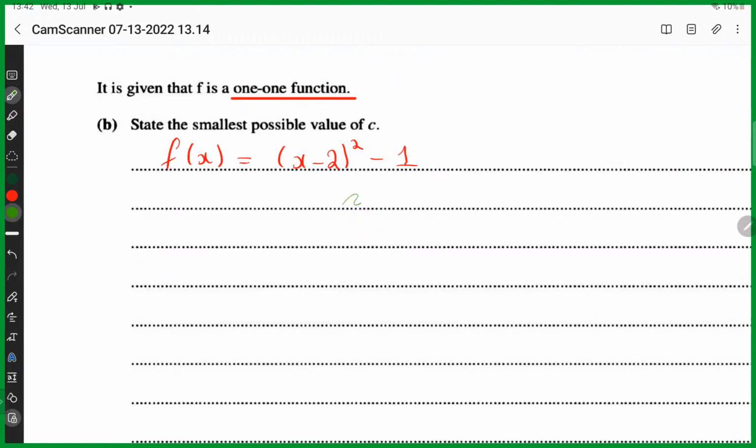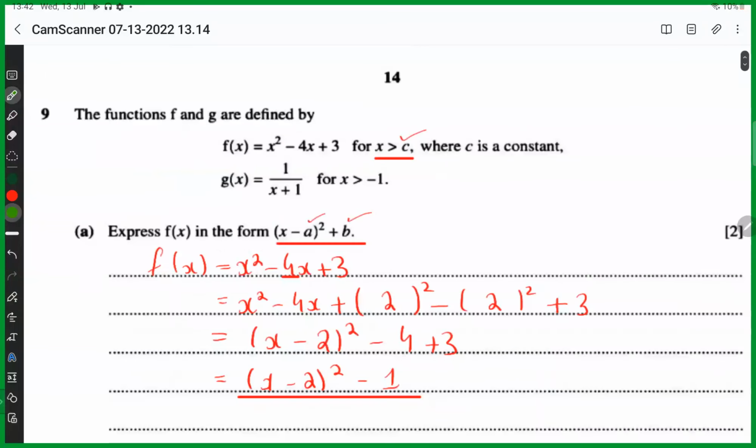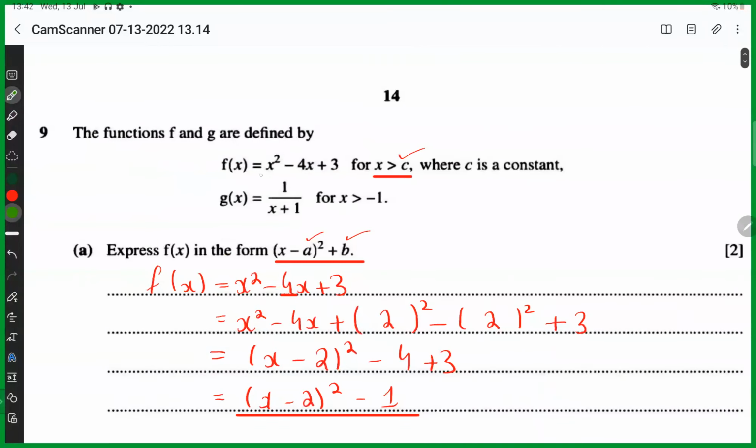Let's make the graph on one side of the page. This is the x-axis. This is the, sorry, that was the y-axis. This is the x-axis. Now, this is my quadratic function that I need to plot. Okay, so first of all, initially we had the function in the expanded version, and we can clearly see that the coefficient of x squared is +1.